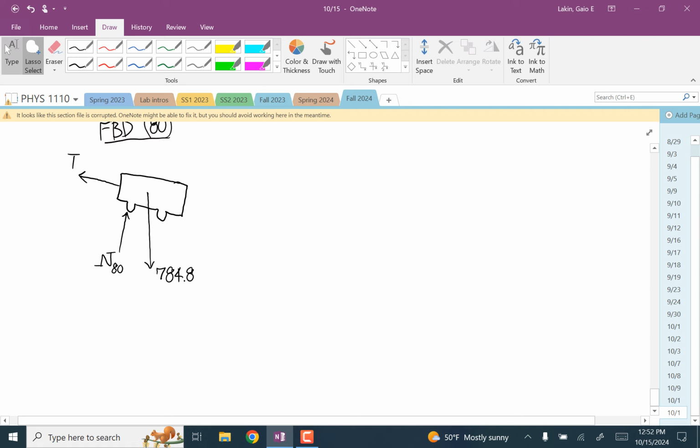The weight force, we're going to use the same angle we did before. So that's 784.8 times the cosine of 280, and then 784.8 times the sine of 280.